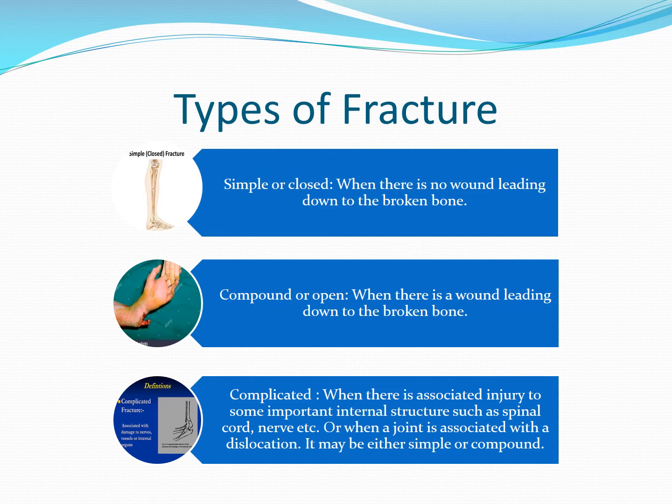Number three, complicated fracture: when there is associated injury to some important internal structure such as the spinal cord, nerve, etc., or when a joint is associated with a dislocation. It may be either simple or compound.